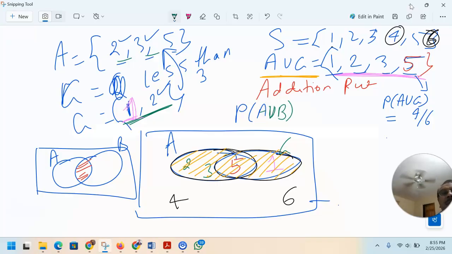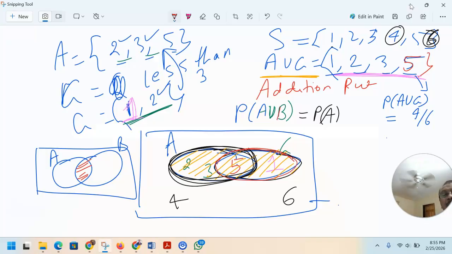And you can see that it means you first add this piece, which is the probability of A, and then you add the probability of this one. This is the G. Let's call this B because of the formula.